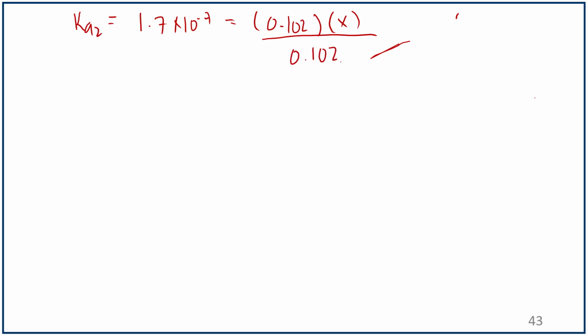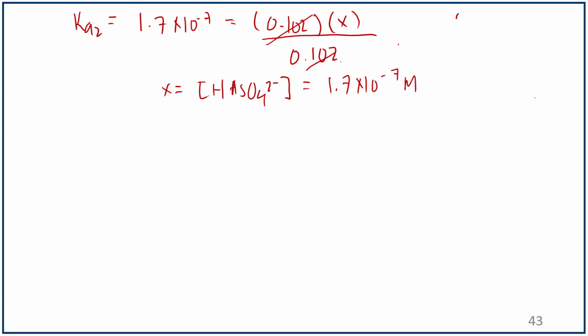We just cancel out 0.102 because they're the same, and we find that the concentration x, which corresponds to the concentration of HAsO4 2 minus, is just equal to Ka2, 1.7 times 10 to the negative 7 molar.